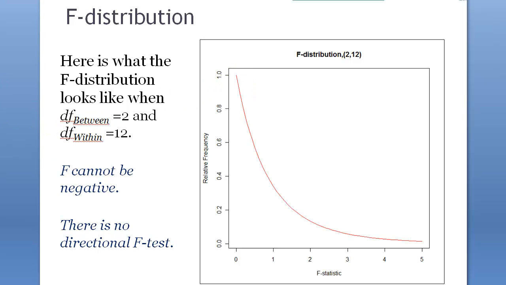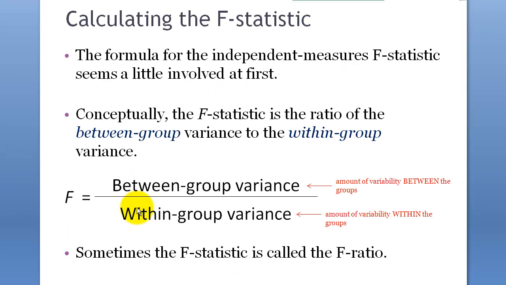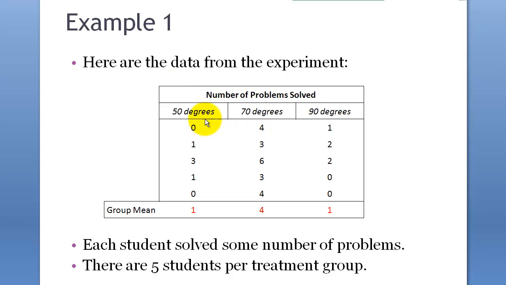Basically, the F statistic is calculated this way: between group variance divided by within group variance. Between group variance and within group variance, what are they? Between group variance is the variance between the groups 1, 4, 4, the variance between these three values.